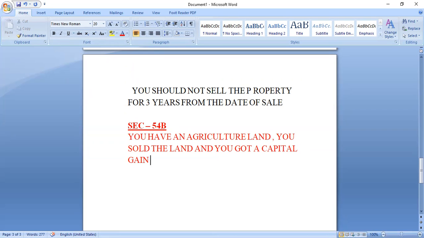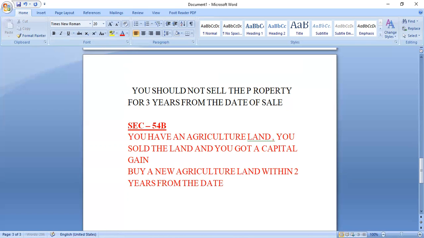Then you should get some benefit. What you have to do is buy a new agricultural land. After sale, you have to buy a new agricultural land within 2 years from the date of sale.